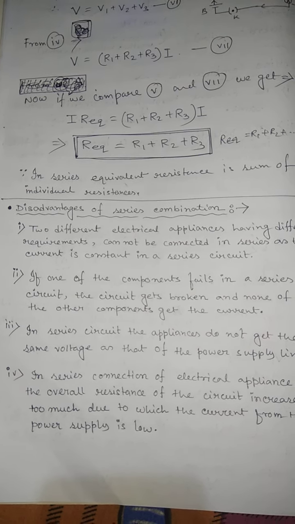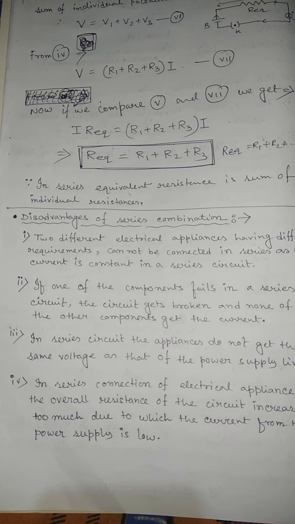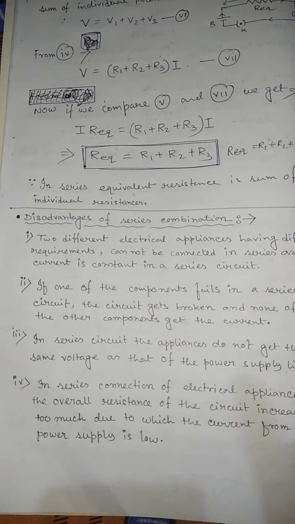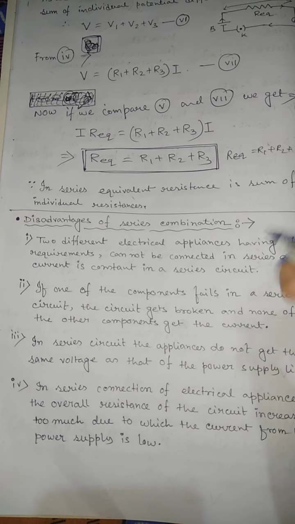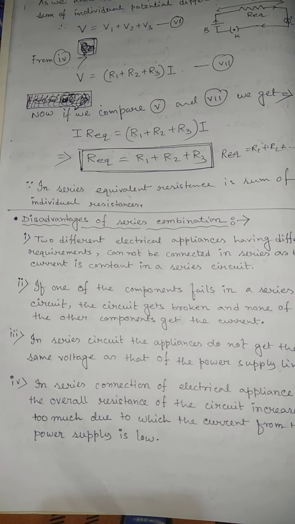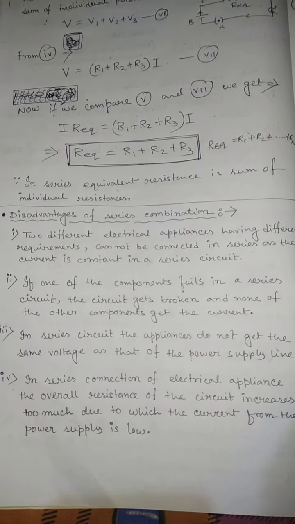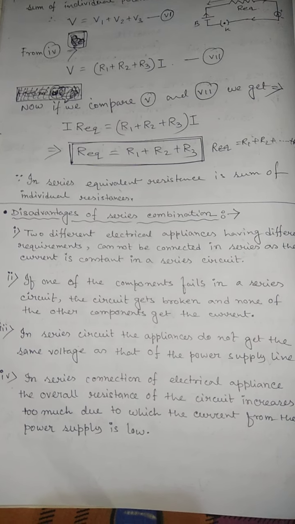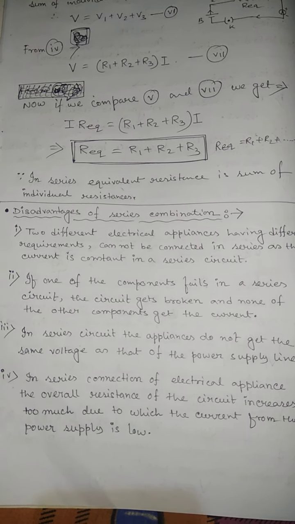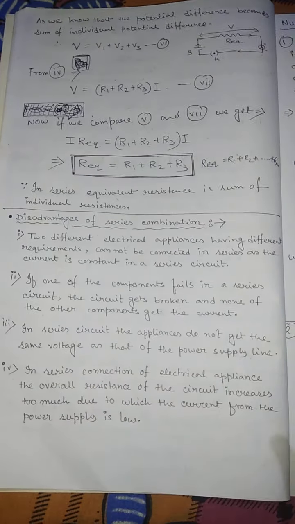Or we can say that if any electrical appliance gets damaged or the circuit is broken somewhere, then the whole electrical circuit gets damaged. Also, as the electrical appliances are connected in series, the overall resistance increases, and we know that if R increases, the current flow from the supply decreases. It is very low. So these are the disadvantages of series combination.